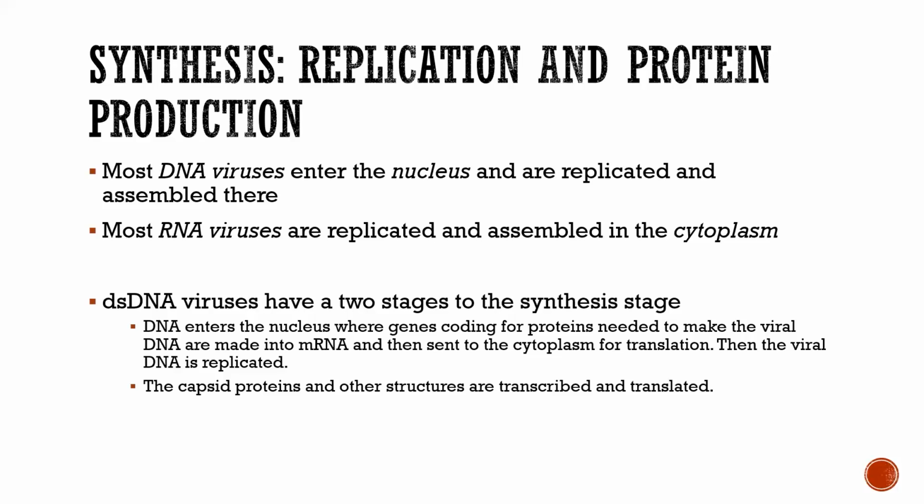The capsid proteins and other structures will be transcribed and translated. So they're going to go from DNA to RNA, transcribed, and then from RNA to protein to be translated. There's many steps when we're going from the DNA. RNA takes a little bit more of a shortcut.